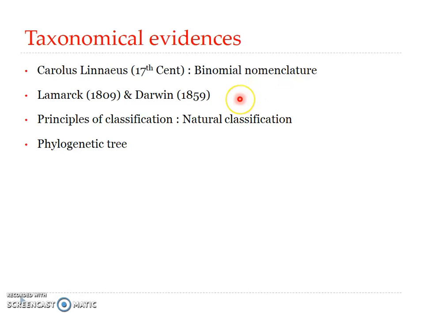Subsequently, Lamarck and Darwin tried to classify the animals and plants based on their interrelationships. And according to their classification, very closely related animals were placed together in the same species, since species is the lowest unit. Such species were considered to descend from a common ancestor. Lamarck, who made several improvements in the classification proposed by Linnaeus, was the first to use the words invertebrate and vertebrate in classification system.